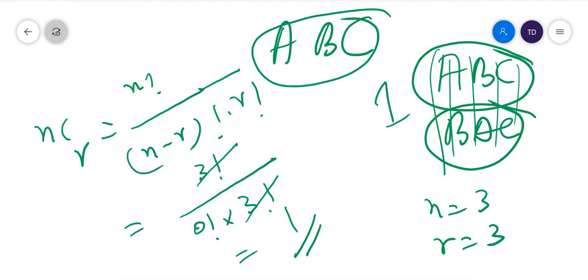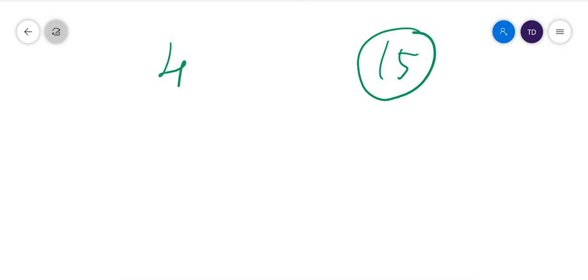So you understood that. Now I will give you one more question related to combination. In how many ways can we select a team of 4 students from a given choice of 15? The total number of students is 15, and you need to form a team of 4 students.